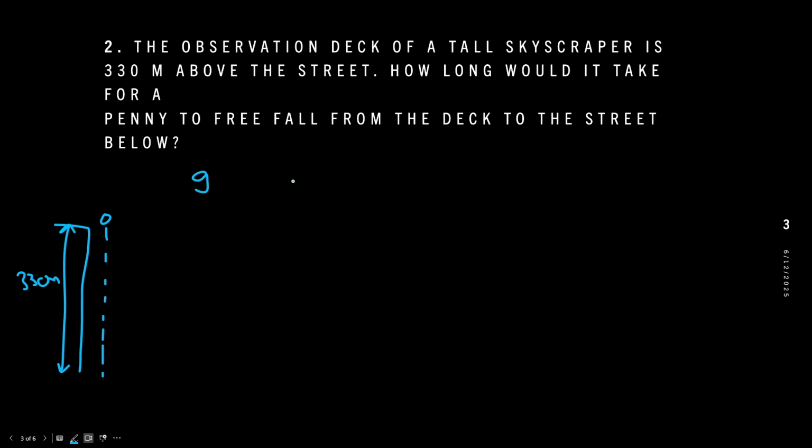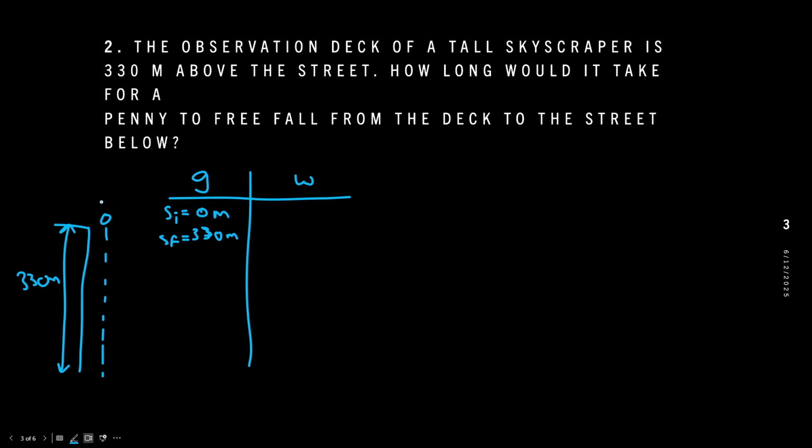Our second step is drawing our table. So we know that the observation deck is 330 meters tall. So we could say that the penny starts from 0 meters and then ends up at 330 meters. So S_I would be 0 meters and S_F would be 330 meters. And remember that S_I and S_F indicate displacement.